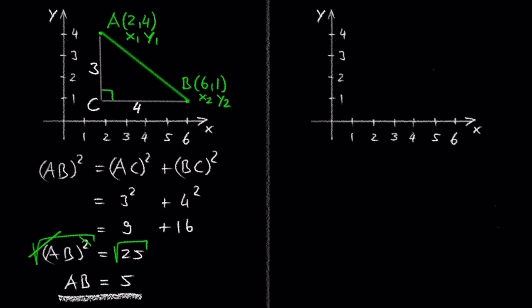Now, what did we do to find the distance between these 2 points? We subtracted x1 from x2, which is this length, and we subtracted y1 from y2, which is this length. Then we applied the Pythagorean Theorem.